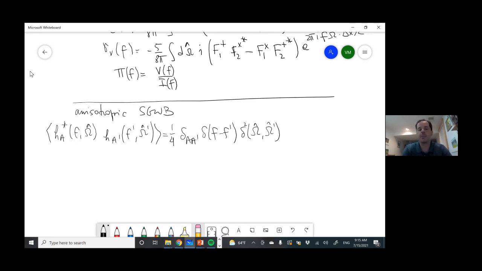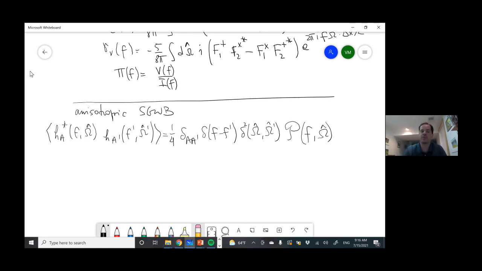And then remember, when we dealt with the isotropic and unpolarized background, we simply put H of f here. Now, in this case, we want to allow for directionality. So that H of f will be replaced by a different function, which I'm going to label as curly P, which will be a function of both frequency and direction.